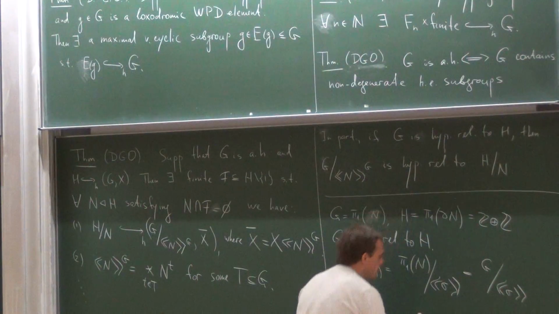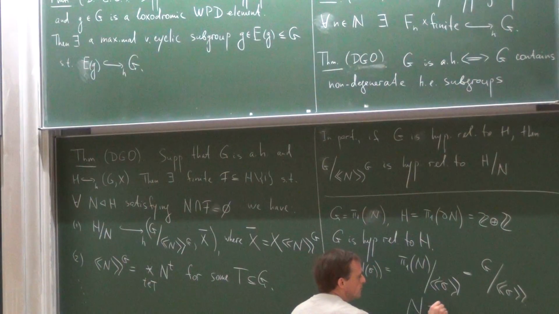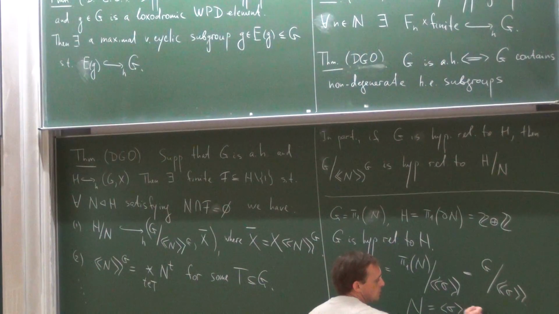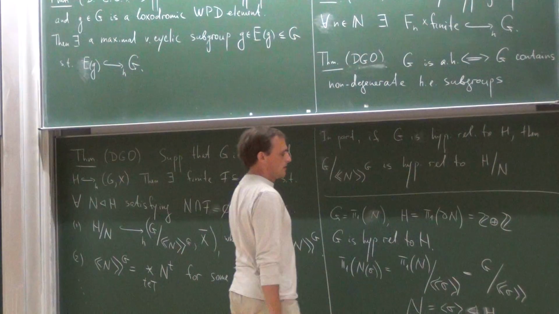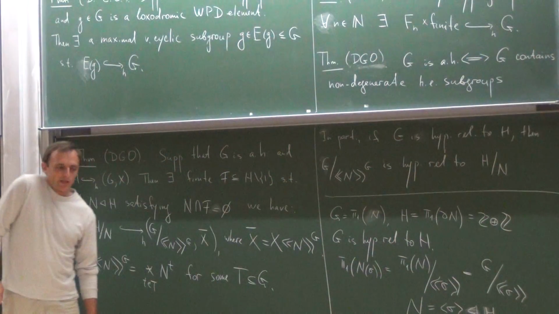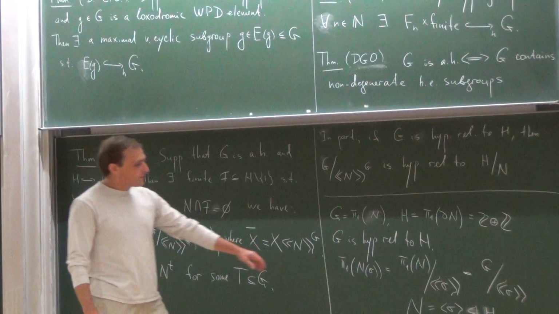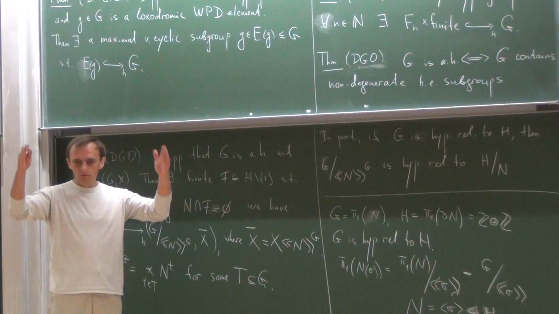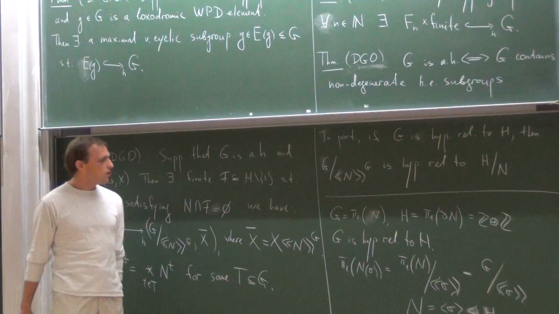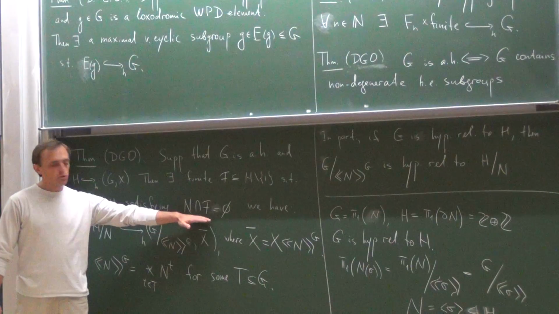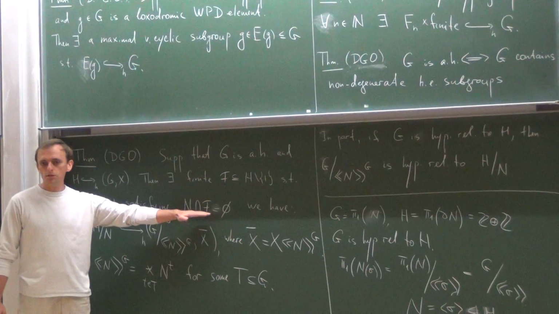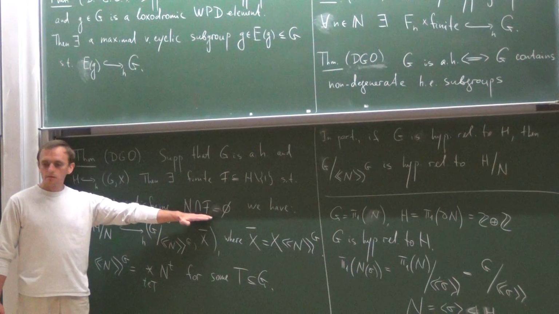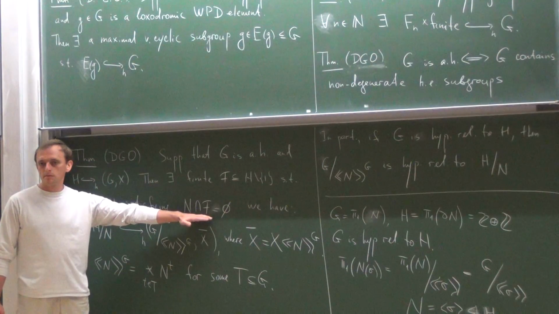So I just apply my theorem to the subgroup N, which is a cyclic subgroup generated by sigma, which is of course normal in H, because every subgroup is normal in H. So if sigma does not belong to the finite set of exceptional slopes, you can always ensure this condition, right? So this condition just prohibits some finite set of bad elements.